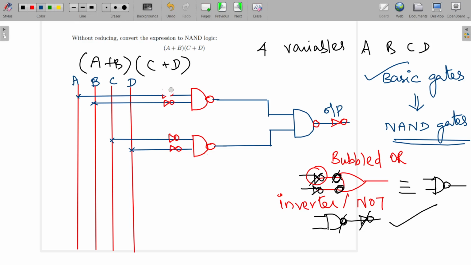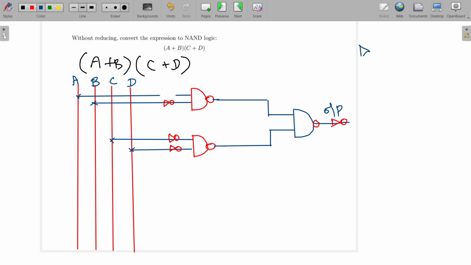Similarly, replace this inverter: instead of an inverter, you can put simply a single input NAND gate. Both are equivalent. So I'm going to replace these inverters with the help of single input NAND gates.